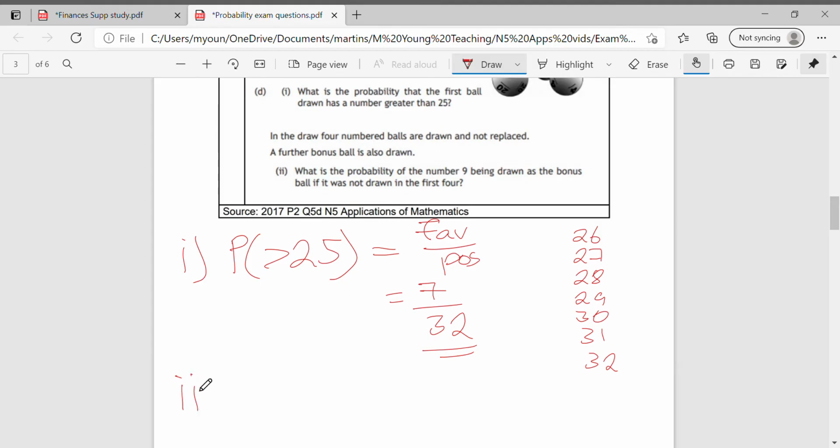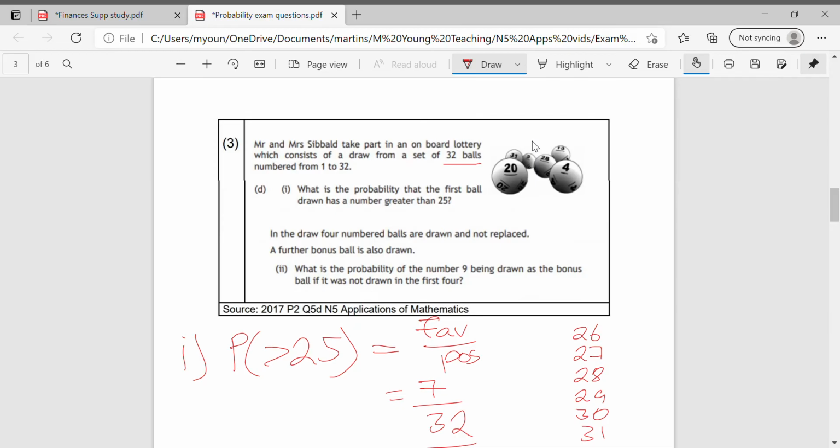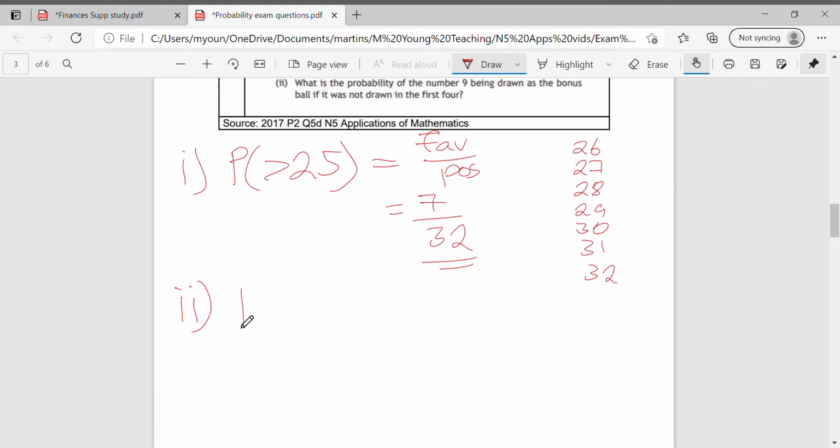Part 2 says, in the draw, 4 number balls are drawn and then not replaced. A further bonus ball is also drawn. What is the probability of the number 9 being drawn as the bonus ball if it wasn't drawn in the first 4? Alright, so in this case, we have started off with 32, and then 4 number balls have been drawn and then not replaced. So my new total is obviously going to be 32 take away 4, so we're left with 28.